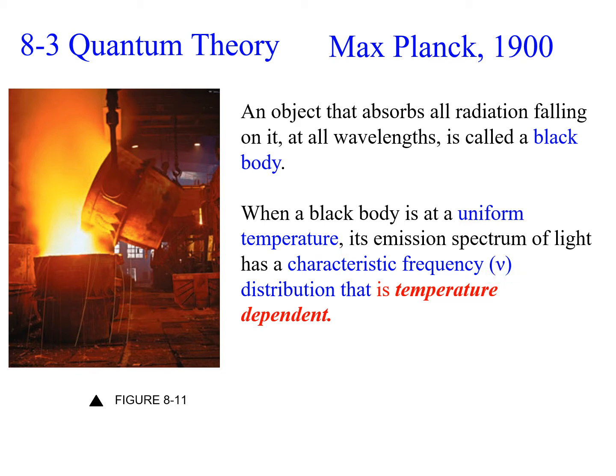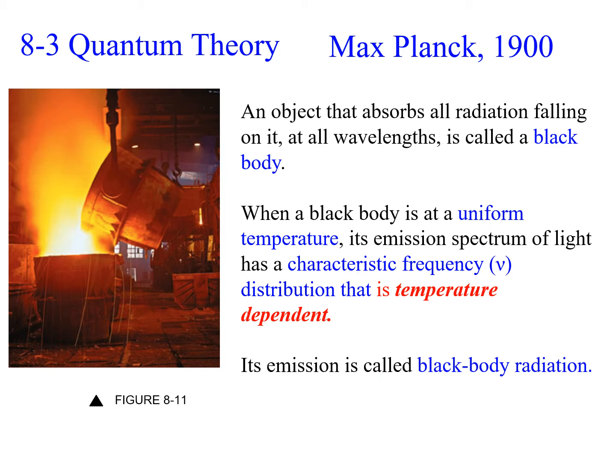And the frequency distribution is temperature dependent. So if temperature dependent, how do we make sense of that? The higher the temperature, you would think the more the energy, right? Well, that's true. So the emission of light from a black body is called black body radiation.